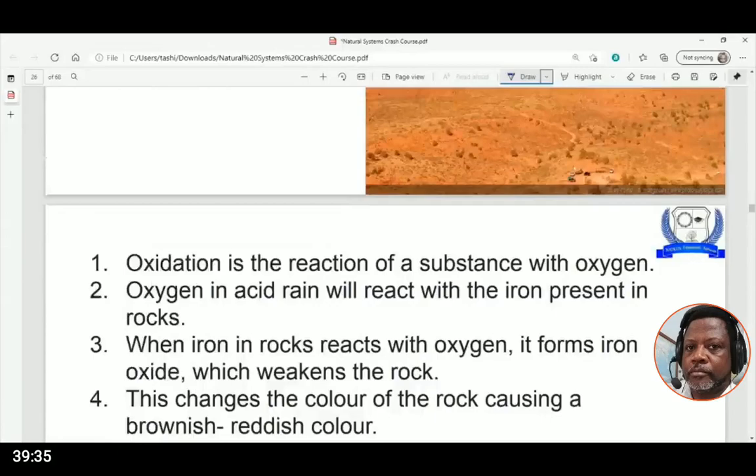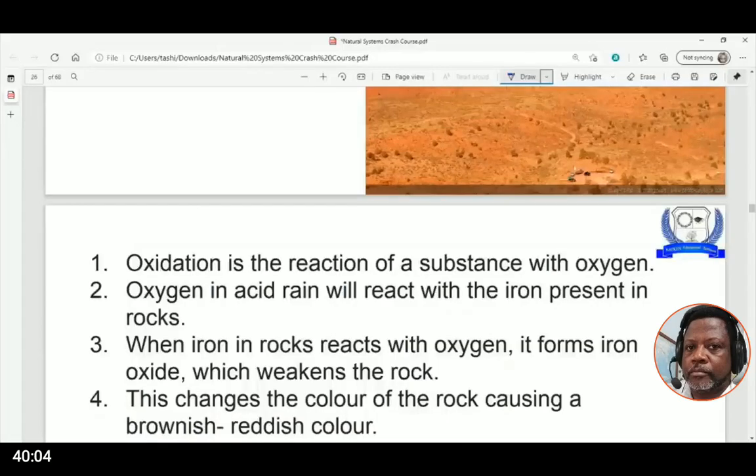So the oxygen in the acid rain will react with iron present in rocks. When the iron in rocks reacts with oxygen, it forms iron oxide, which weakens the rock. So maybe if you're at school, if you have a grill or something, most times I see it at school, like on the railings at school, when you hold on to it and you look at your hand, you see rust.